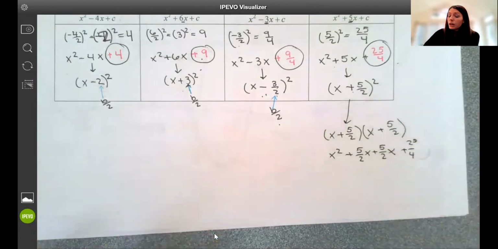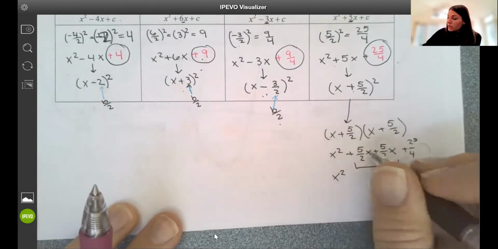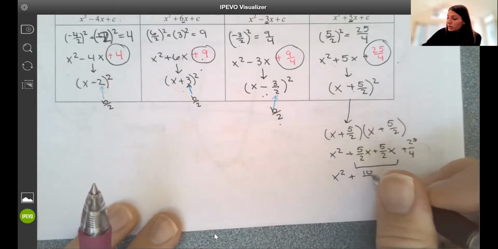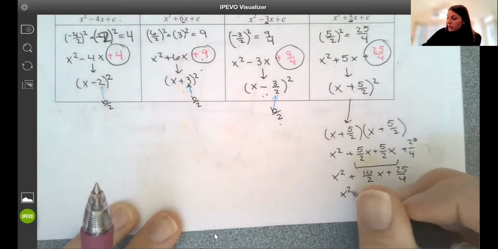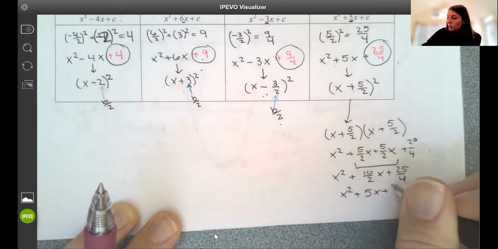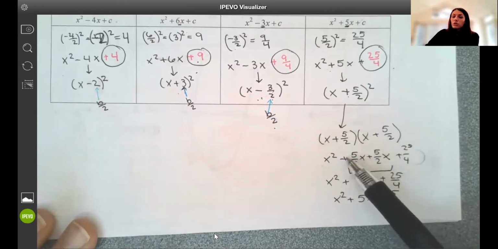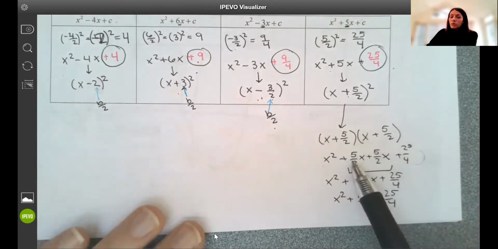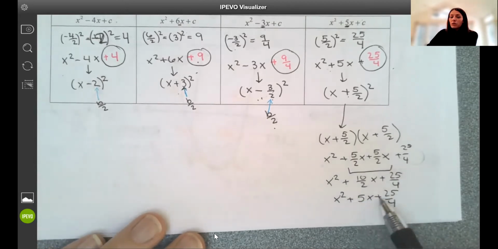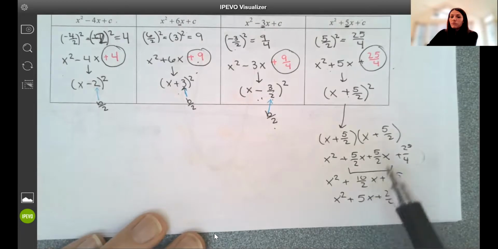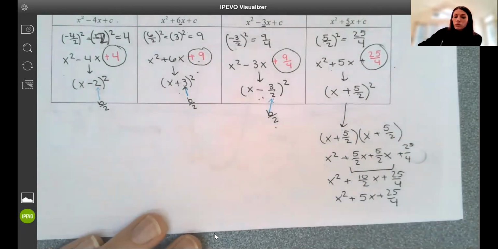Now, when I combine the middle term here, that's going to give me 10/2 x plus 25/4, and we know that 10/2 is just 5, and it brings me back to my original trinomial. So that b/2 is always going to give me half of my b value, and if I were to multiply it back out, it would give me my total b value back again. That's how we know that it works.